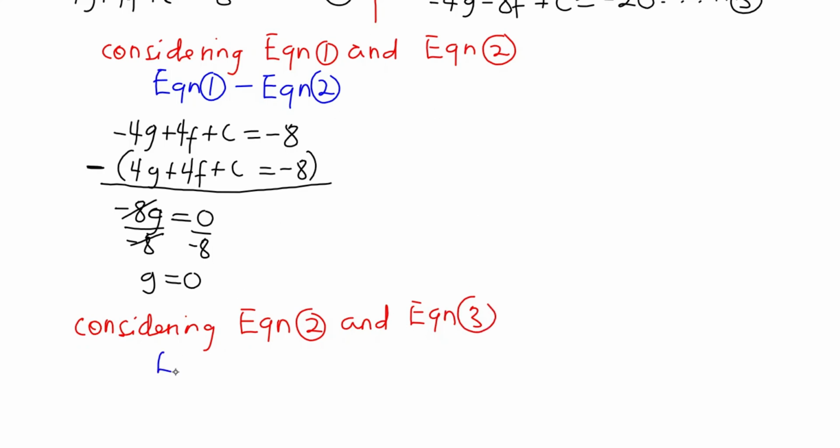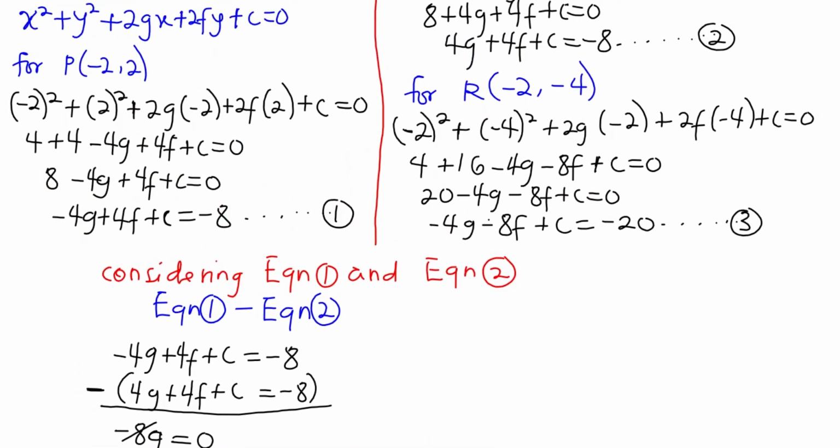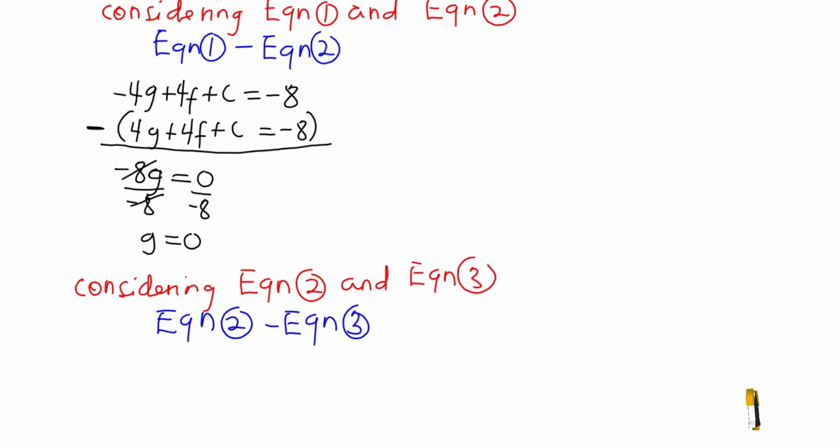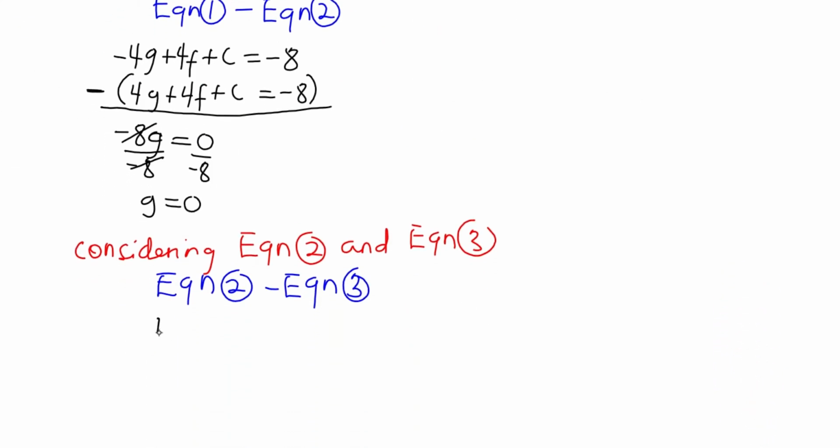So that is equation 2 minus equation 3. We know equation 2 to be the same thing as 4g plus 4f plus c is equal to minus 8. So write it as such. Here we have 4g plus 4f and then plus c, which is equal to minus 8.